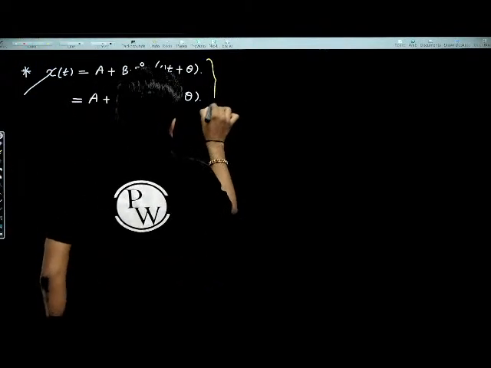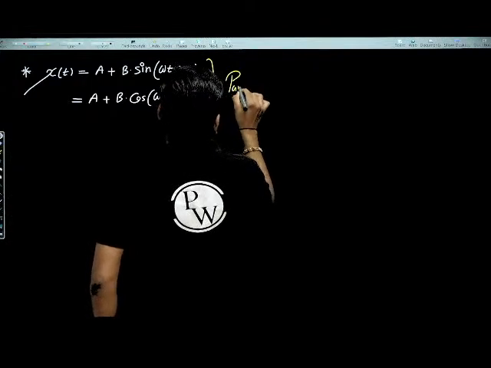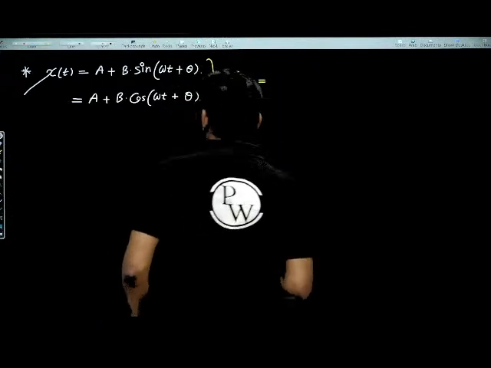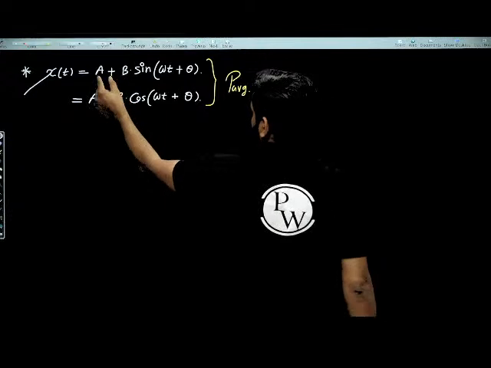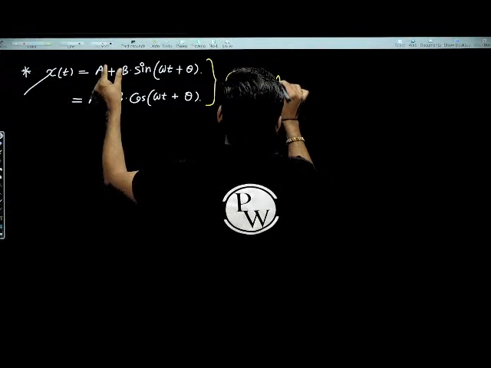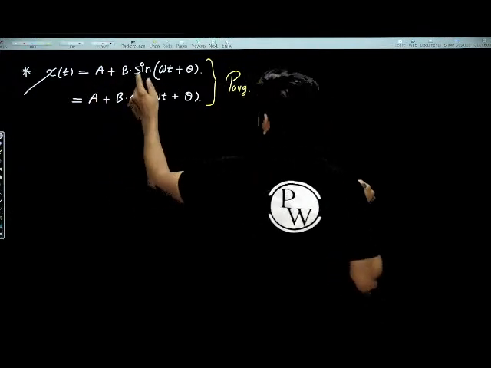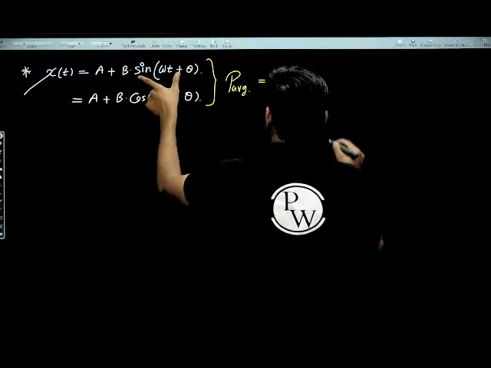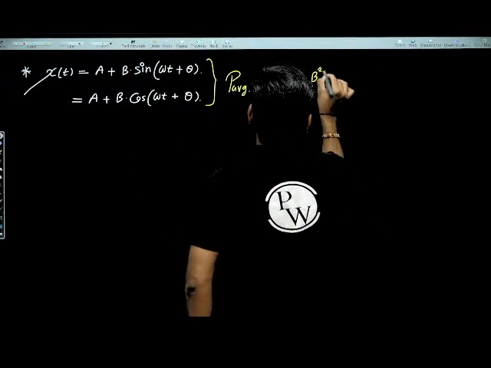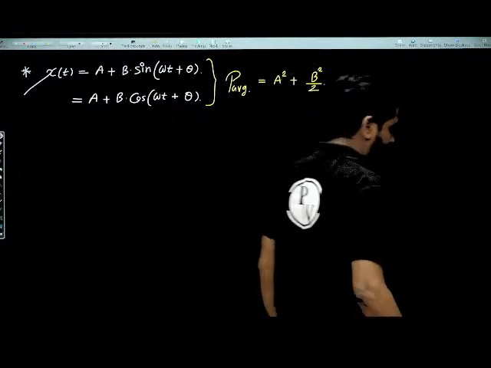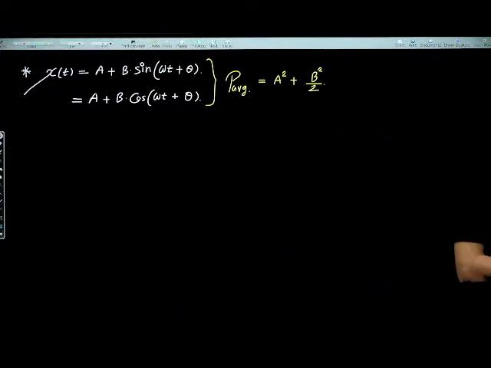So the average power of this signal is given by the sum of the individual signal powers. See, the power of A is A square, plus whether B is negative or positive, the power of this sinusoidal function is B square by 2, simple. Is this clear guys? Is it clear?